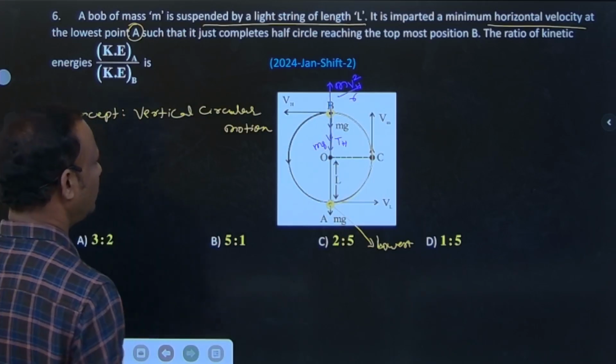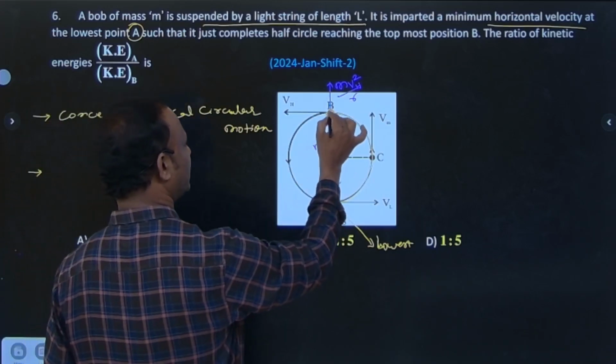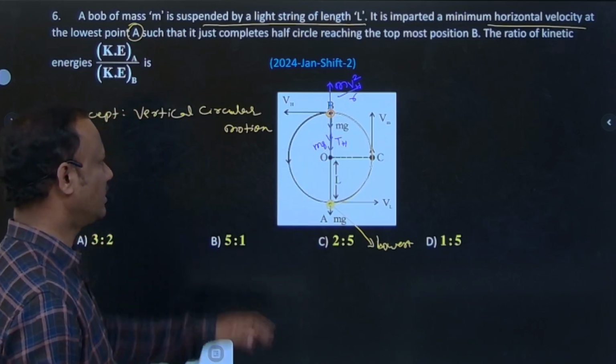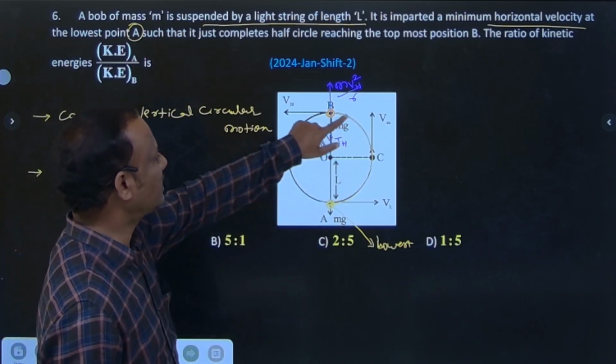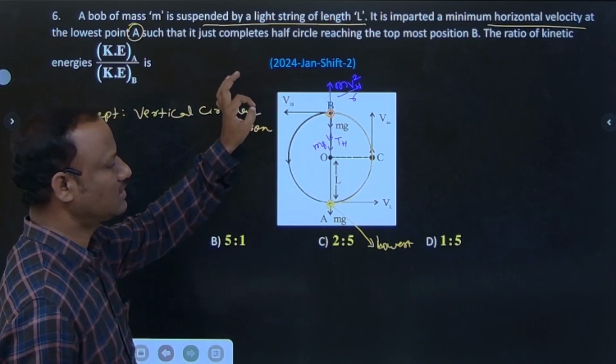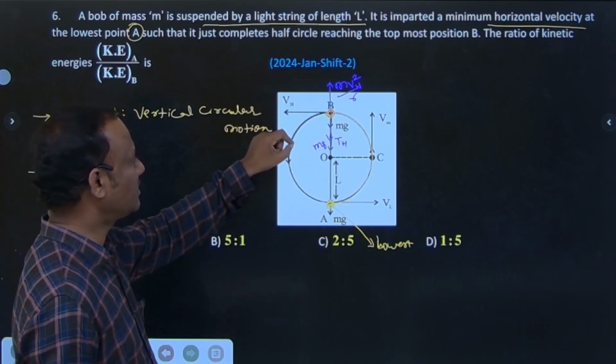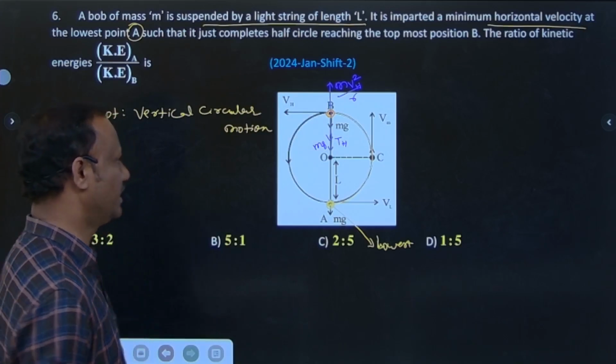Now the condition: when the string slackens, the tension is minimum at this position. When the tension becomes minimum, only then can we find vH.